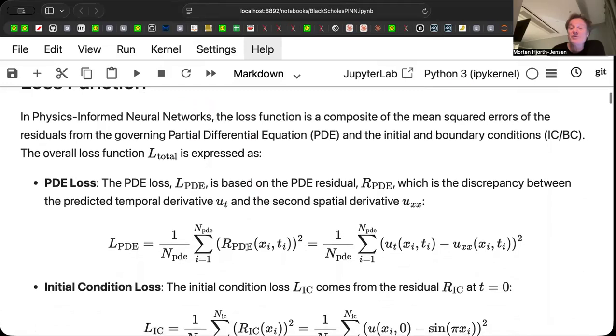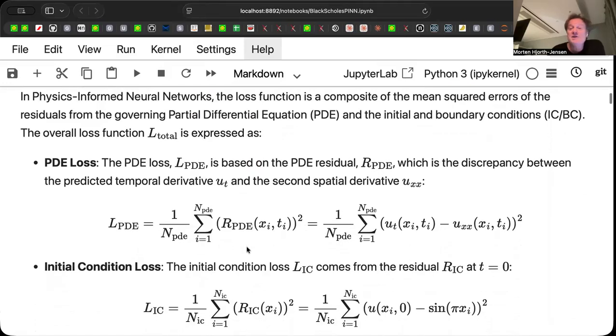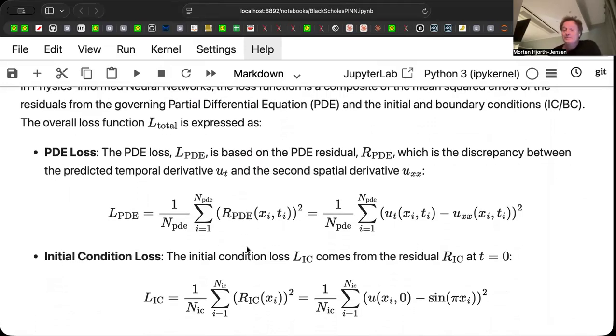Then we need to define the loss function or the cost function. And this is the interesting part now in the setup. So previously, when we looked at this simple example, suppose we have a given number of points for which we want to make the fit. You see that here we are setting up the difference between the right-hand side and the left-hand side of the differential equation.